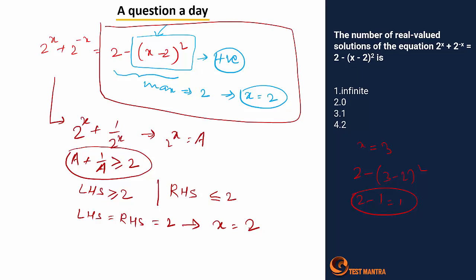So if the value of x is 2, in that case my value on the left hand side is 2 square plus 2 raised to minus 2, is equal to 2 minus (2 minus 2) raised to 2, but both of them are not equal, right? So it doesn't satisfy my condition. So this was the only possibility, and it doesn't satisfy the condition here.